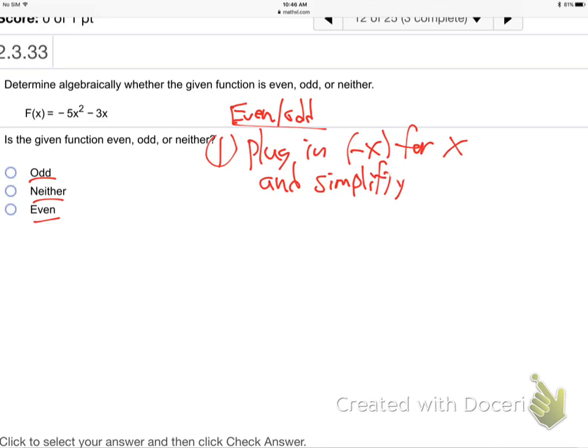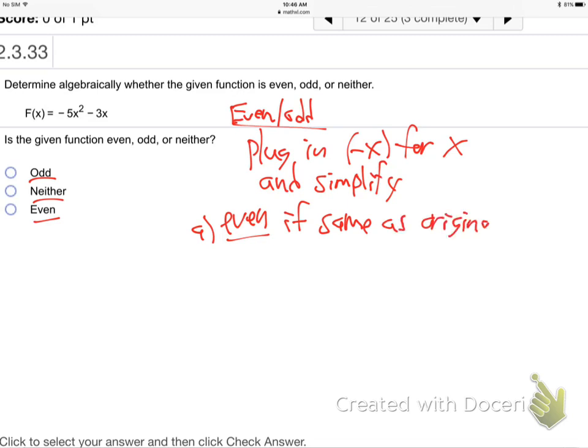Then it's even if it's the same as the original after simplification.